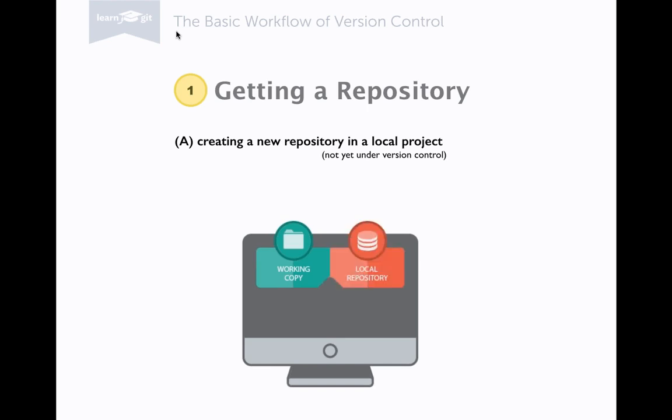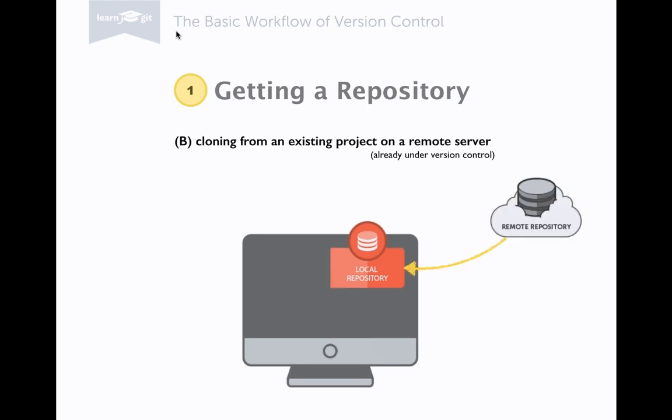When you create the new repository, you get a local repository side by side to your working copy, to the place where your actual working files are placed on your disk. The other possibility to get a repository onto your machine is to clone from an existing project on a remote server.